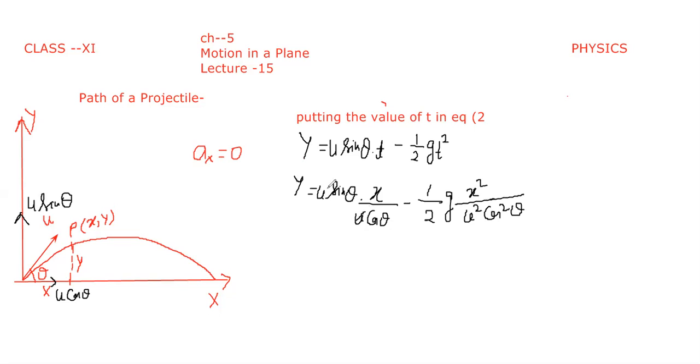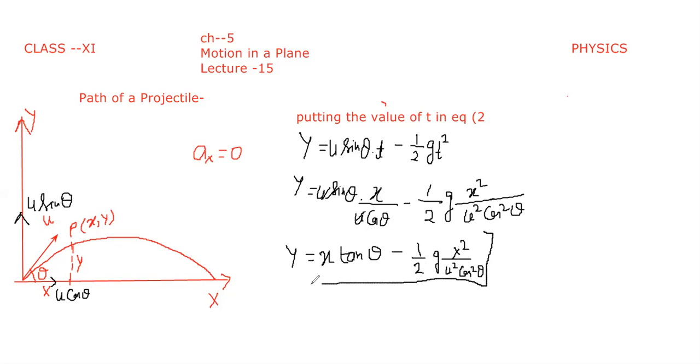So u and u cancel, and we get y equal to x tan theta minus 1 by 2 g x square upon u square cos square theta. This is the final relation between y and x.